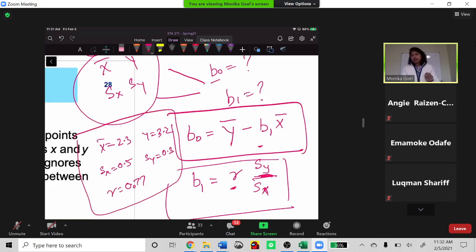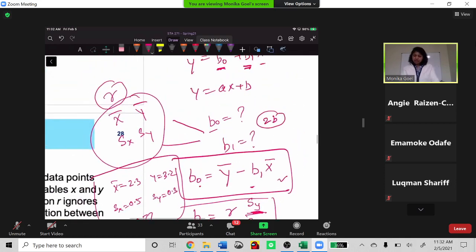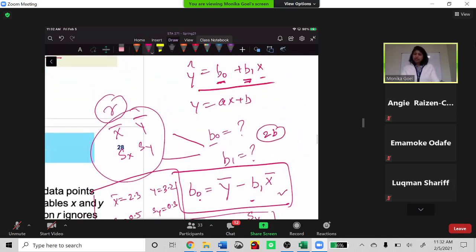And please take a look at the Stat 108 Chapter 2B notes. There are some examples solved, and there you will get all these formulas. This one you have in the slide. We don't have this one, so write that down. So once you know your b0 and b1, you plug that b0 and b1 here, and then you can find the value of your predicted value, or the value of y, the response variable, using the value of x.